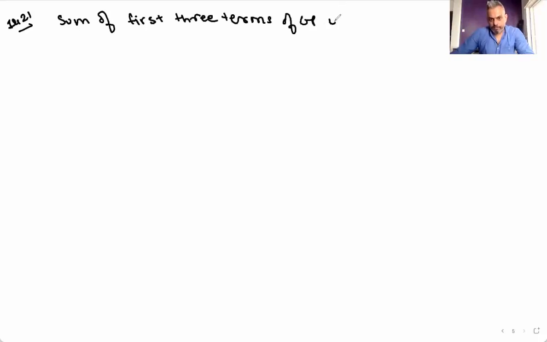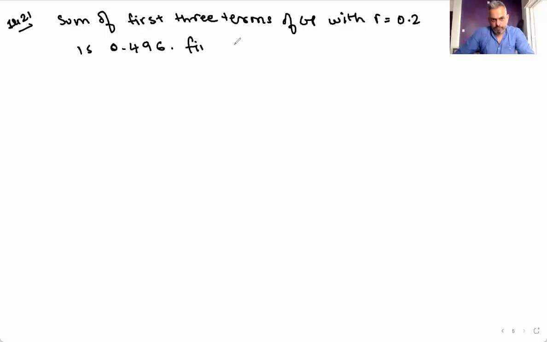The sum of first 3 terms of GP with common ratio R is equal to 0.2 is 0.496.